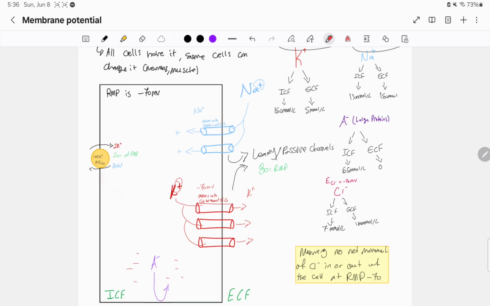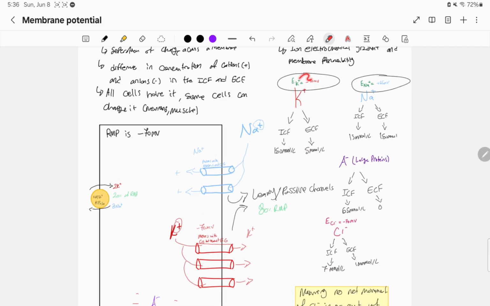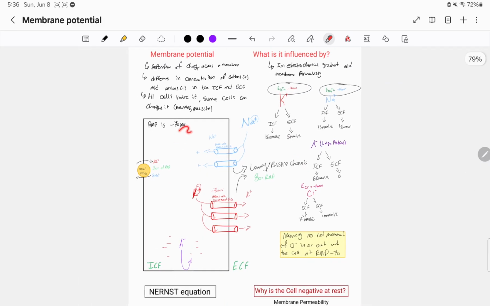Okay? A lot of people confuse this concept of an ion reaching an equilibrium with the cell being at a steady state at -70, because they think, okay, in both scenarios, there is no net movement of charges, right? Which is true. However, in this steady state where resting membrane potential exists, we have to use energy, ATP, to keep this process going.